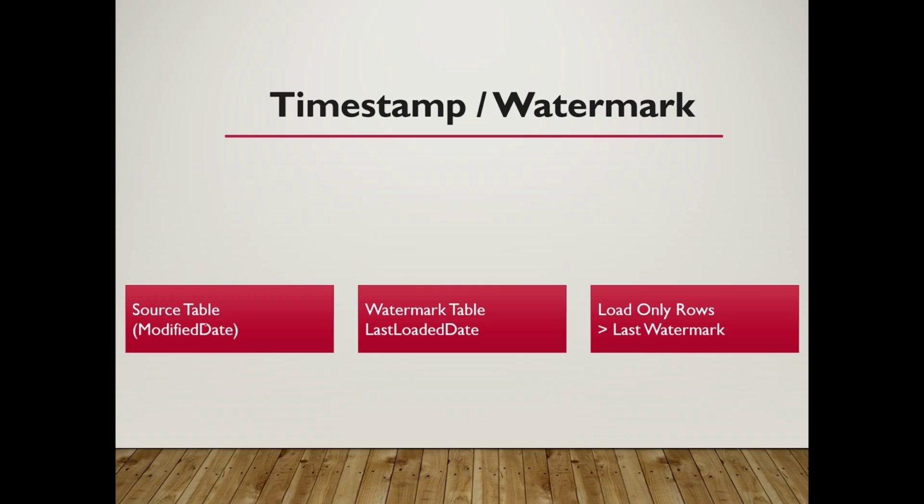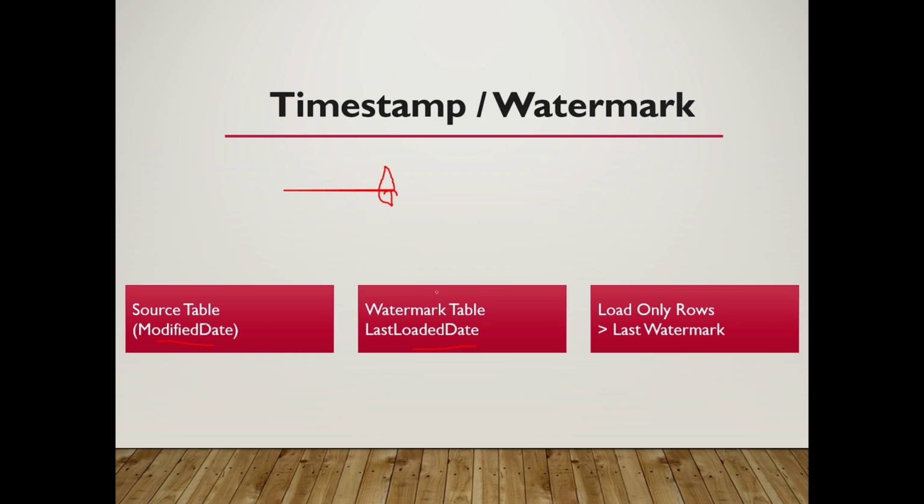Understanding this approach, this is a simple workflow I have created where we have a modified date in our source table, and we get the last loaded date from our watermark table. Watermark table means we have created one audit log table.